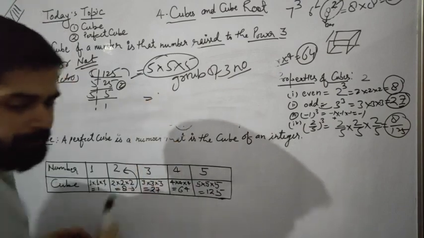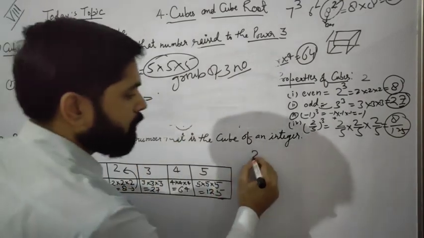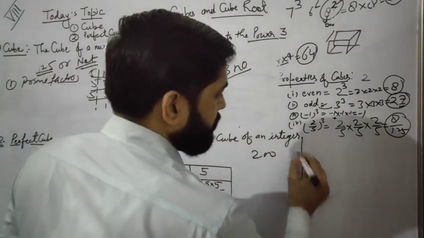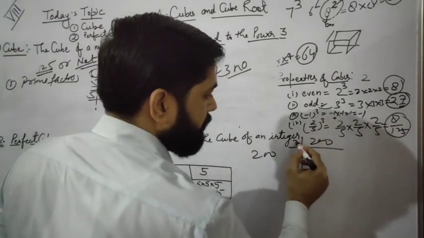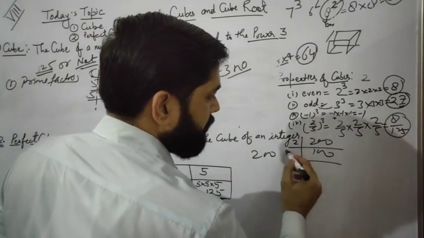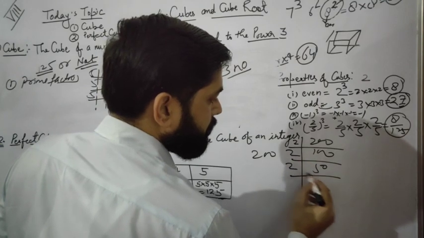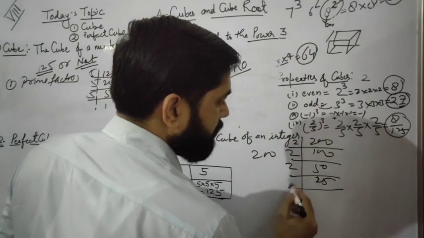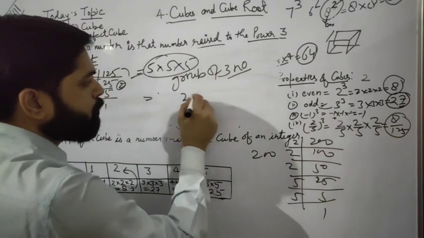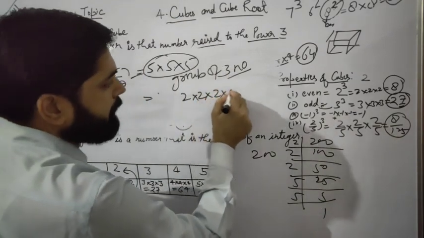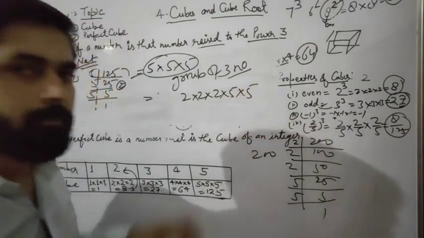Same as like 200. So you can find the prime factors of 200: 200, 250, 225, 5, 5, then 5, 1. So 2 multiplied by 2 multiplied by 2 multiplied by 5 multiplied by 5.